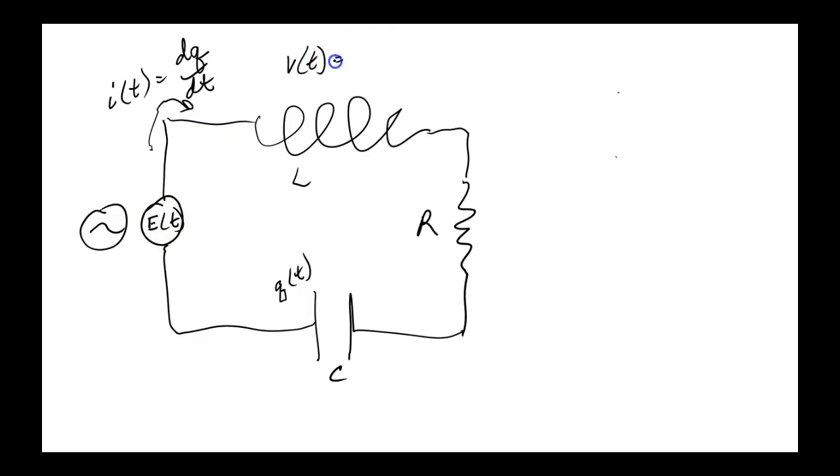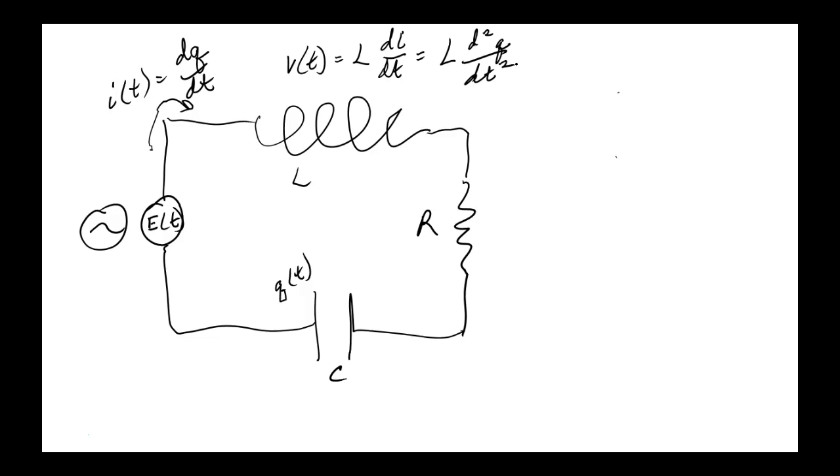The V of t is equal to the inductance L times your rate of change of your current. But because current is the rate of change of charge, that's L d2q/dt squared, okay?